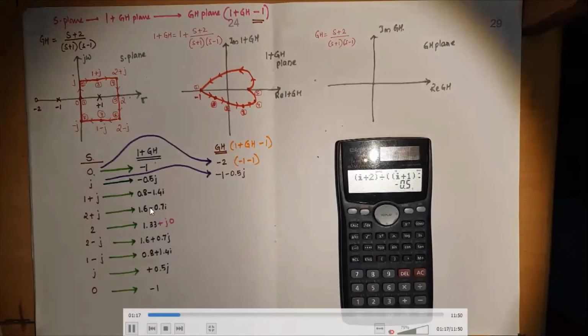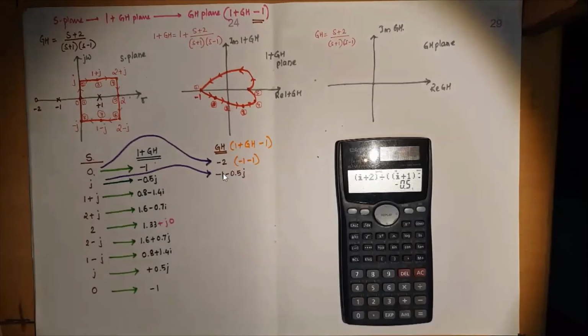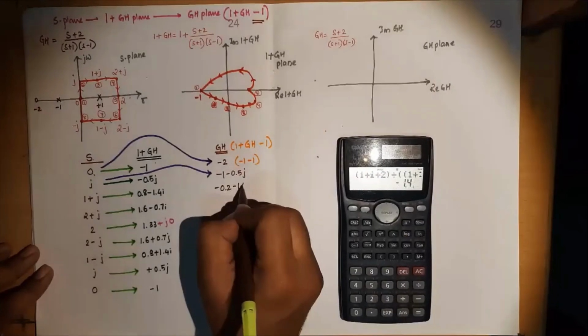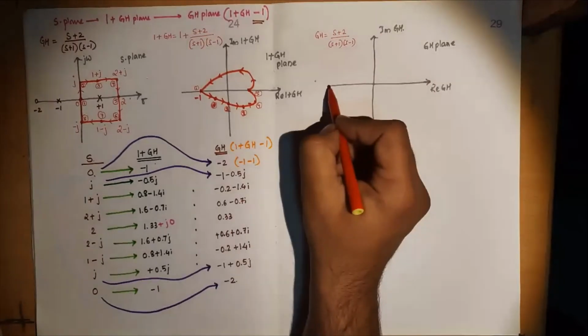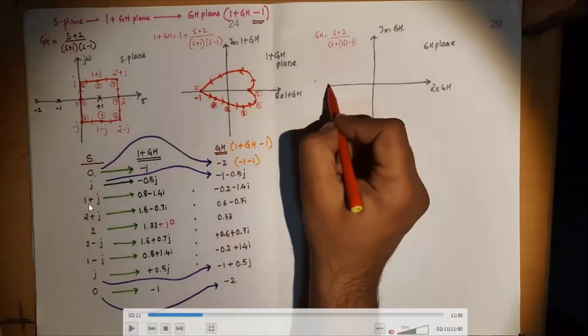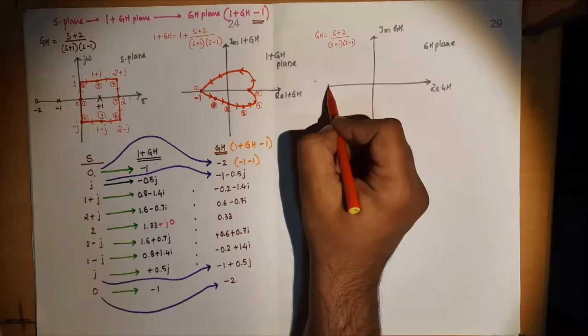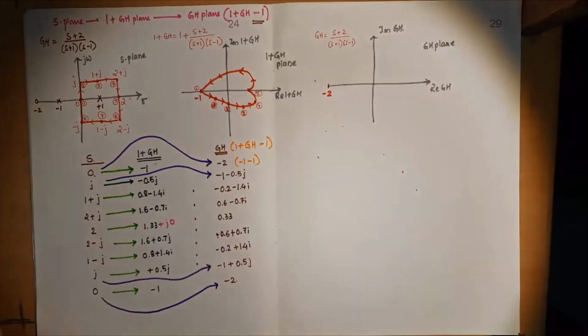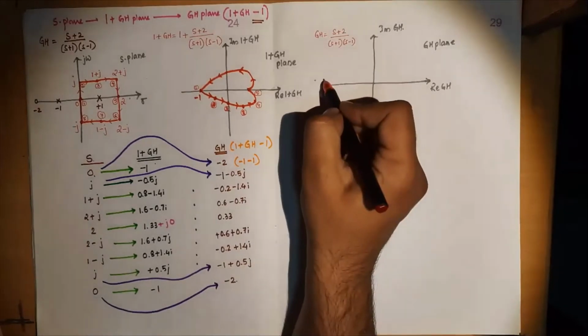And there is a relation between 1 plus GH and GH, that also you should keep in mind. Keeping this relation in mind, let me write all the points, and each S plane point will map to this one, till the last point. And let me plot on the GH plane now. It starts from minus 2 now.